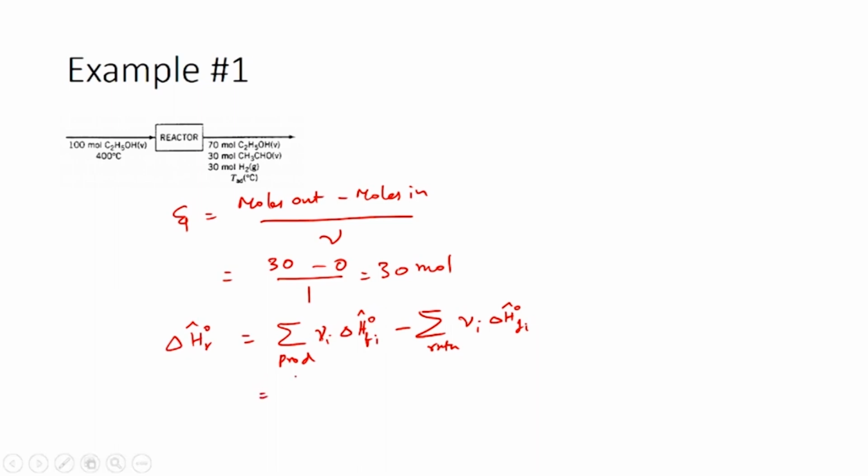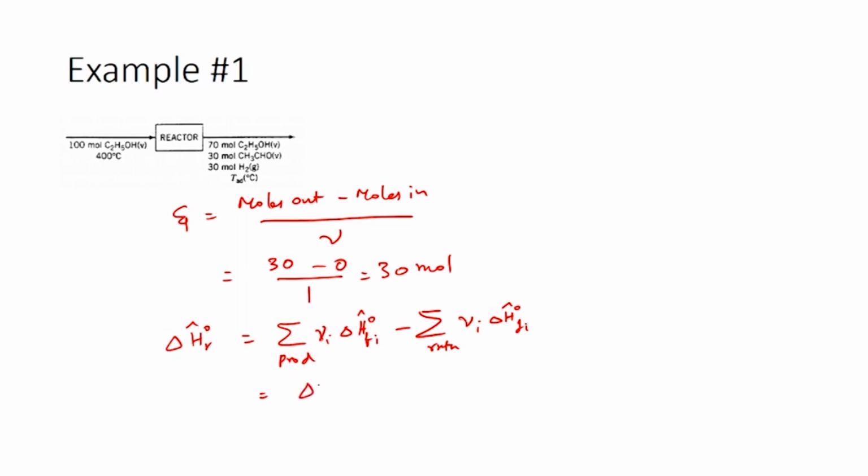So, here the products are acetaldehyde and hydrogen. Hydrogen is a gas which is an element, so it would not have any heat of formation. So, heat of formation for hydrogen would be 0.